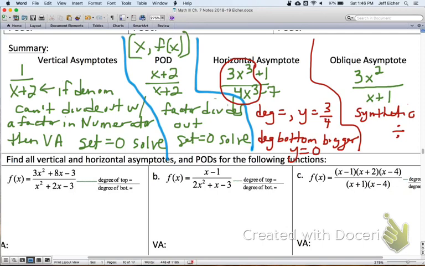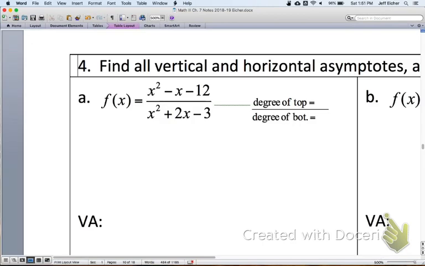Alright, so now, instead of being given graphs, on this next question we'll be given the equation and asked to determine all these characteristics and try to figure out what the graph might look like. Let's begin with number 4a. Over here on the right, we can quickly identify the degree of the top. It's degree 2, that's the highest exponent.